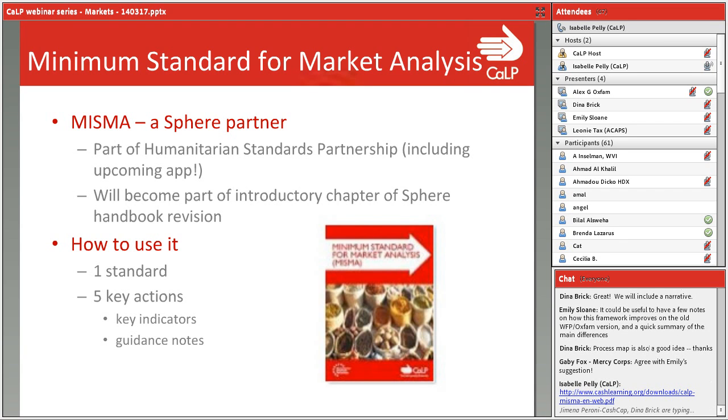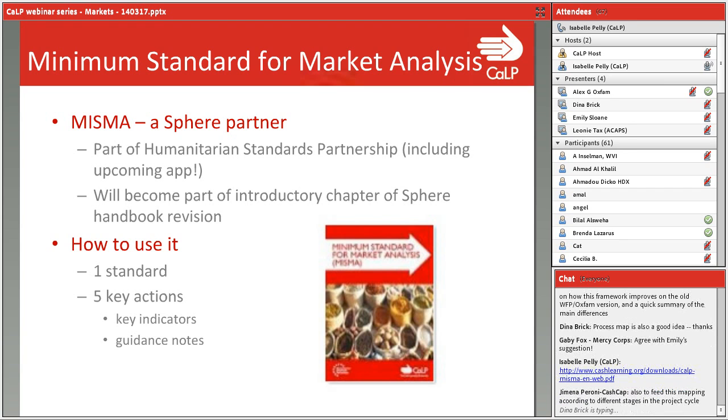The way that it's structured is familiar to any of you who know Sphere well, or any of the other standards: there's one main standard supported by 5 key actions, which in turn are accompanied by indicators to assess whether the action has been achieved or not, and guidance notes, which provide a lot more detail and contextualization and some examples on how different market analysis approaches can be used in different contexts.